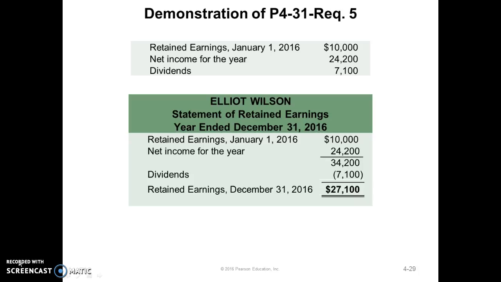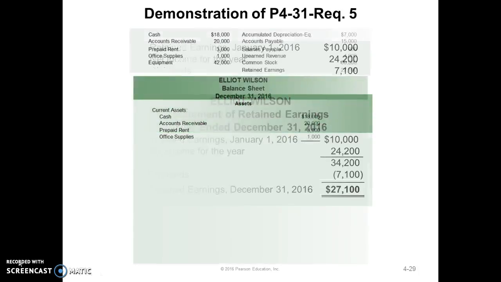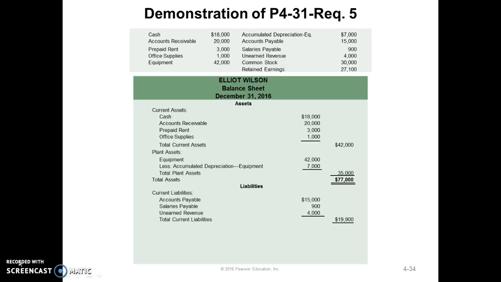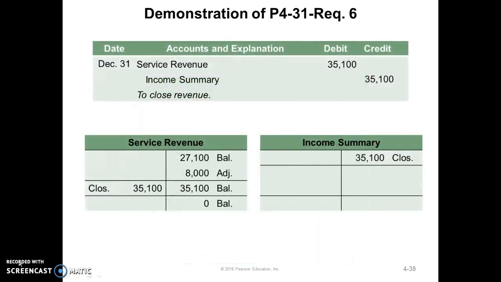And we know the balance sheet is like forever. It's just where you are at a point in time, but it's accumulating everything all throughout the years. So we see the retained earnings for the 27,100. We're going to go through it.